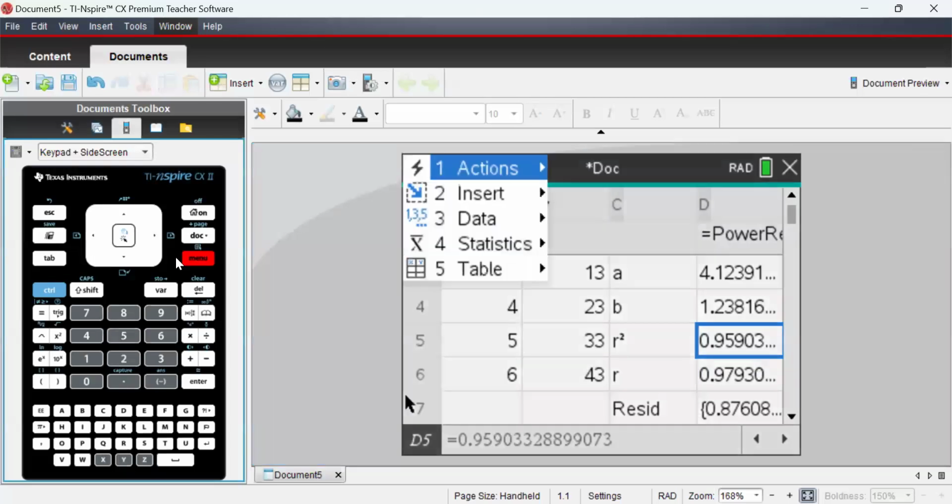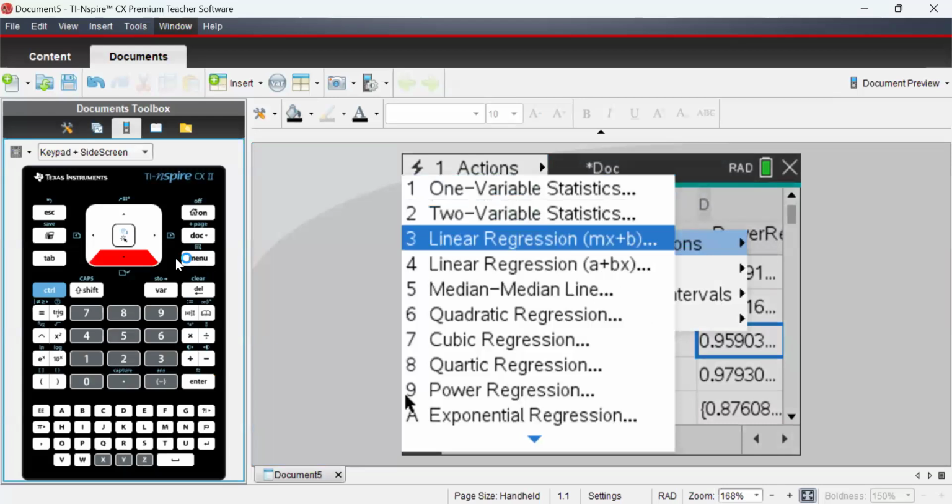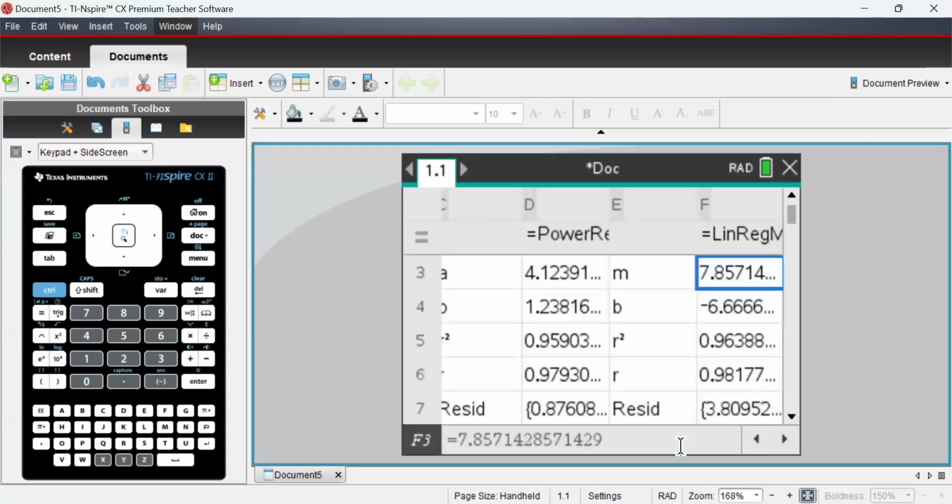Just hit menu, statistics, stat calculations. And again, we're always going to use the first linear regression. X list, Y list, and click OK. And again, I'm going to use 2 decimal places.